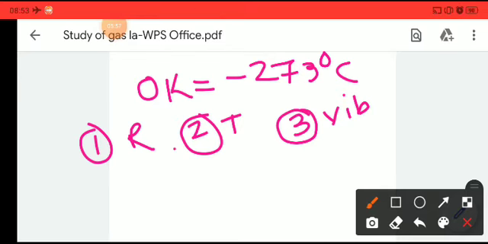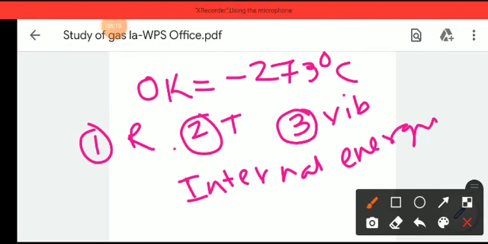That is why, as rotation, translation, and vibration cease to exist, the internal energy becomes almost negligible, tending to zero. So we get a minimum amount of internal energy at absolute zero.